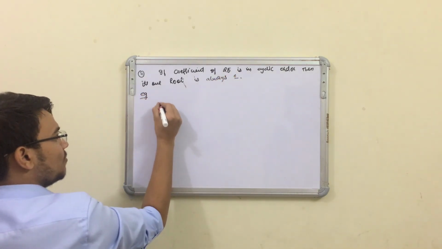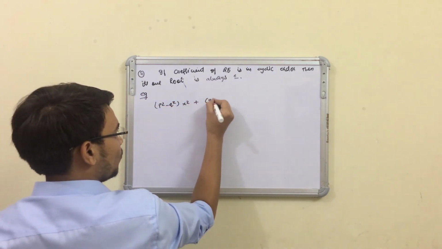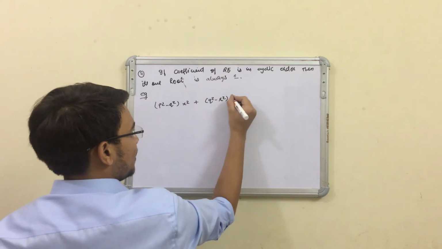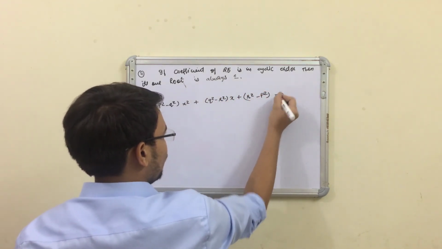Example: p square minus q square x square plus q square minus r square x plus r square minus p square is equal to 0.